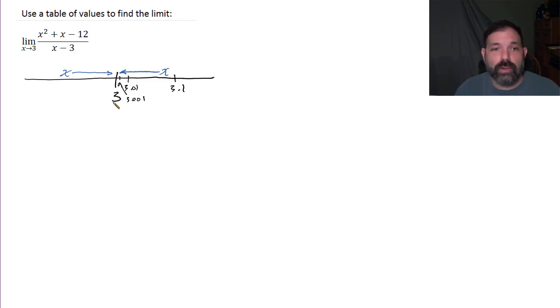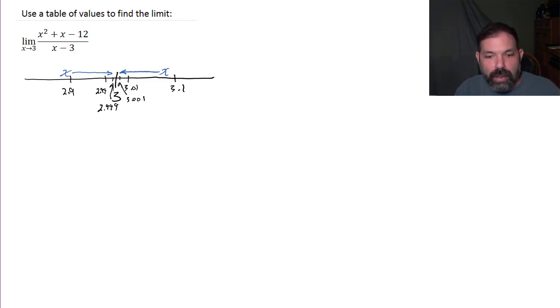Now what about on the other side of 3? Maybe 2.9, and then 2.99, and then 2.999. These are numbers that are close to 3, but not equal to 3. Okay, so let's see how we can do this on our calculator.